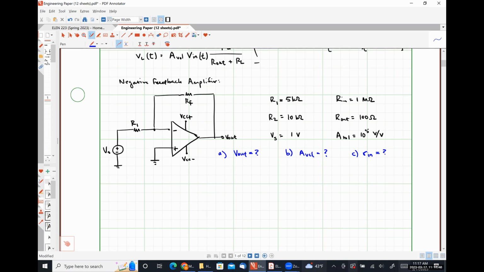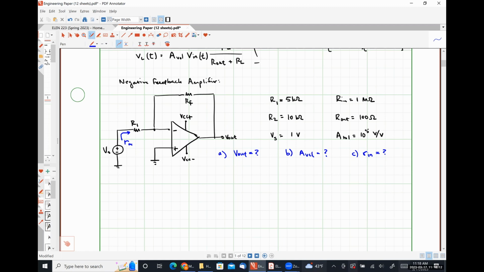So effectively, the resistance that we see looking in there, right? So specifically, we're just going to apply Thevenin's theorem and say that this voltage divided by whatever current is flowing in is the resistance seen by that voltage source.